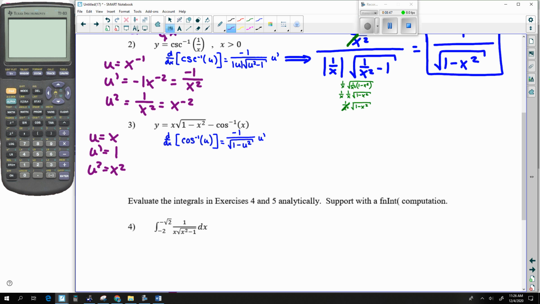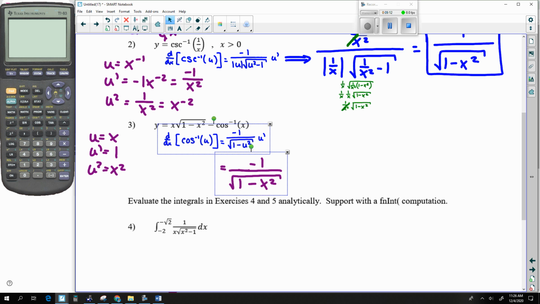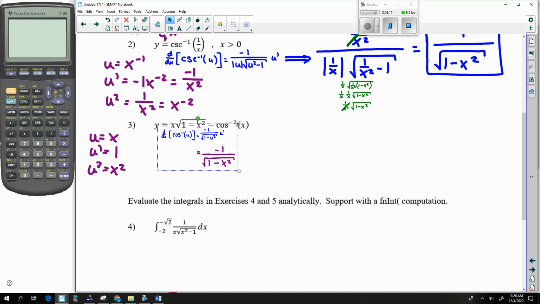So as far as the cosine is concerned, this is going to be negative 1 over the square root of 1 minus x squared. And that's what the cosine directly is. I'll put that to the side because I'm sure there's a lot more math to come in this problem. Okay.